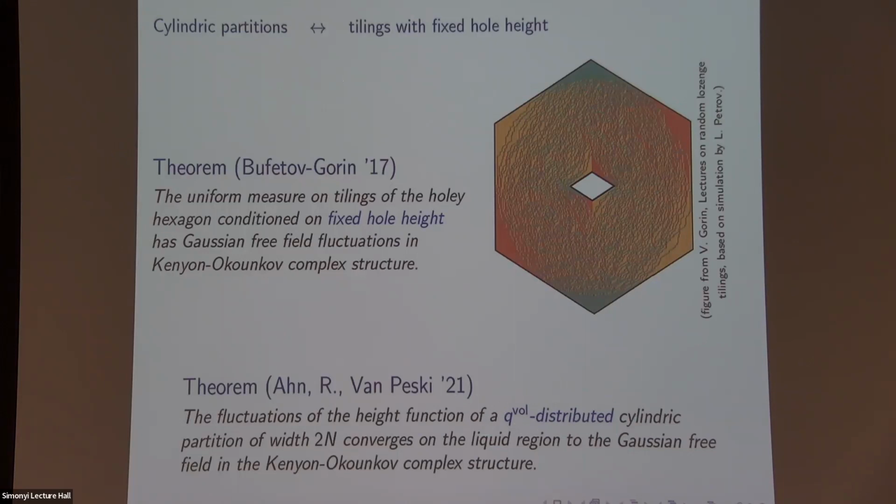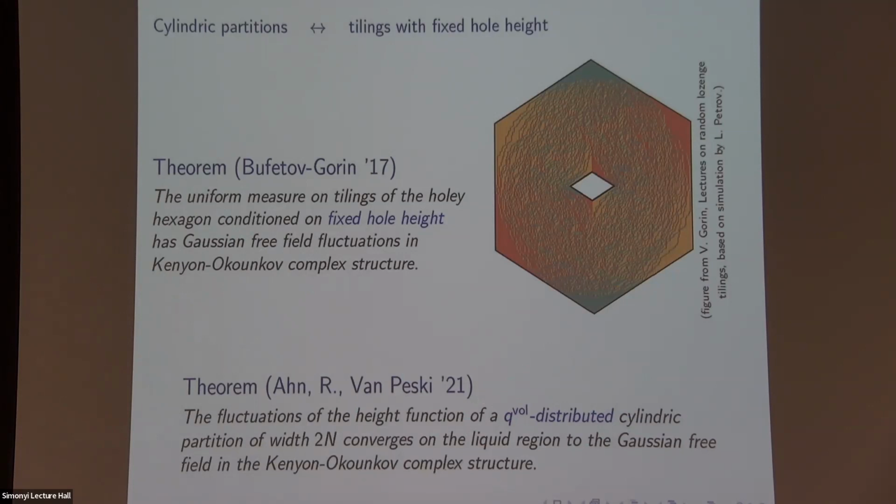Okay. But my point is that both of them, actually not this one, but shifted Q to the volume measure, can be seen as a dimer model measure, where you define it with a weight of edges. So in this sense, it is in agreement. This is not true that Q to the volume measure on a cylinder is a dimer measure, so you cannot define weights.